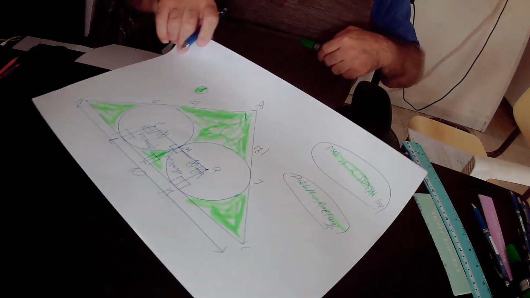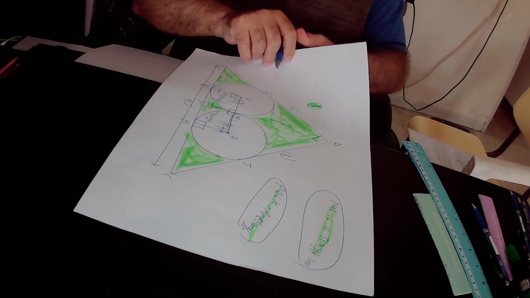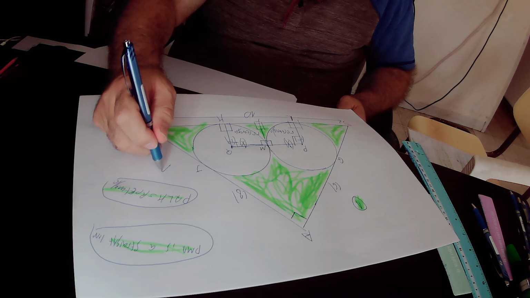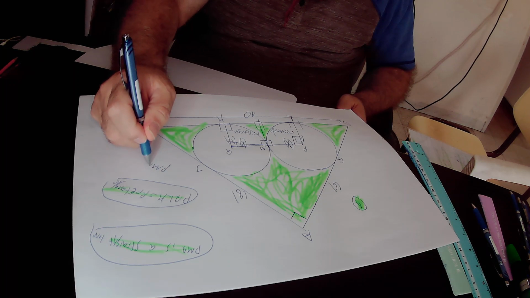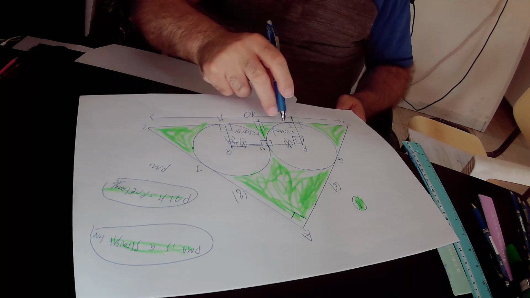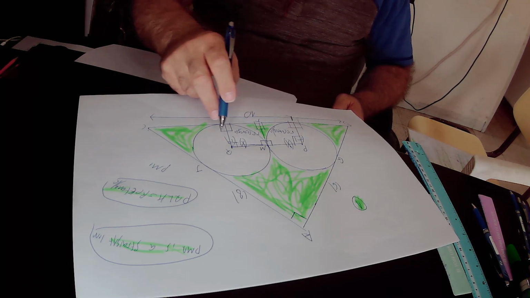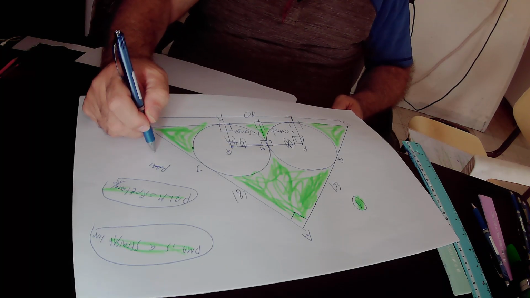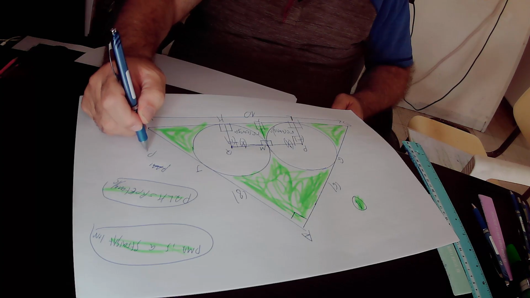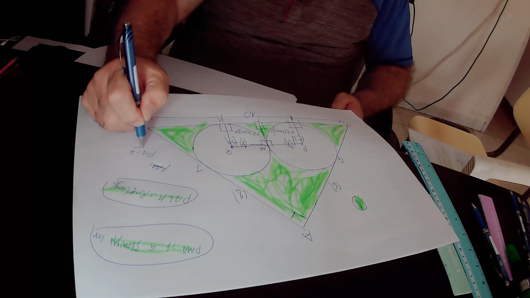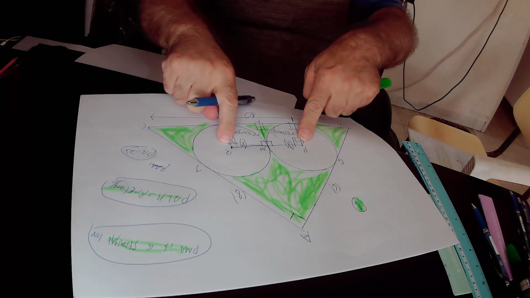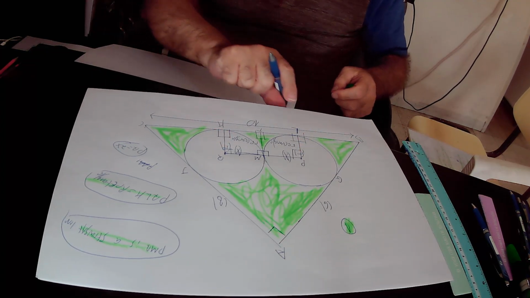So if PMQ is a straight line, of course PQ is also a straight line, and it is equal to 2x units in length.